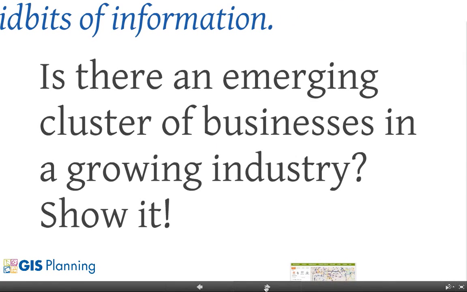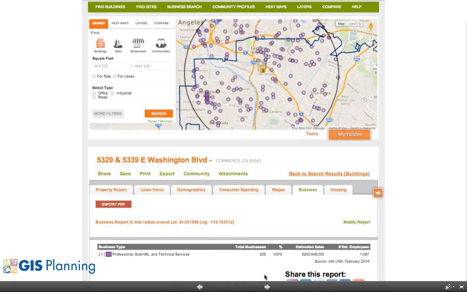Similarly, if there's an emerging cluster of businesses in a growing industry in your area, you can show it. So you can produce a business report. You can decide on the radius up to 60 miles around. You can look for specific information. In this case, we were looking for companies around a property that are professional, scientific, and technical services. I could further open that up down here and isolate it even further.